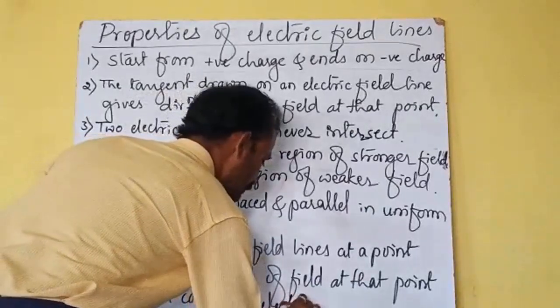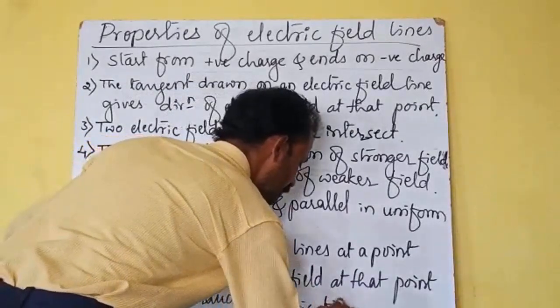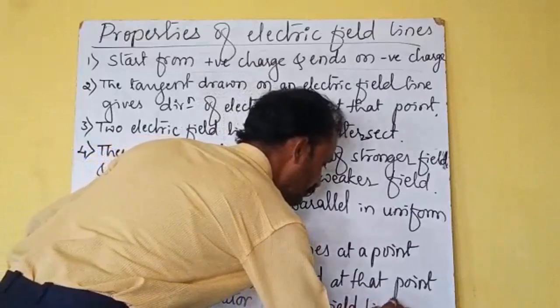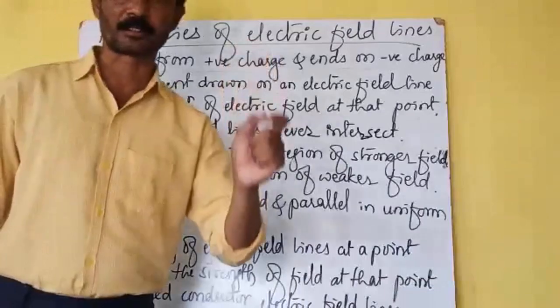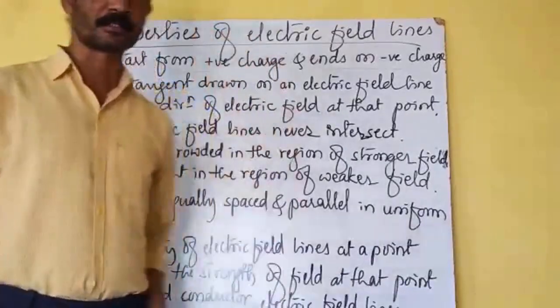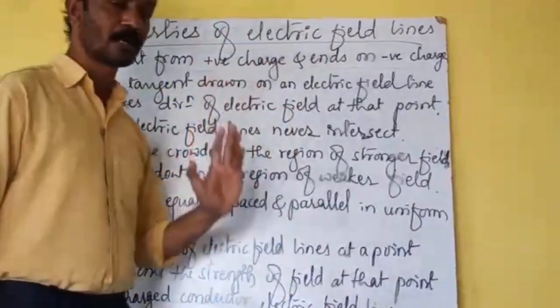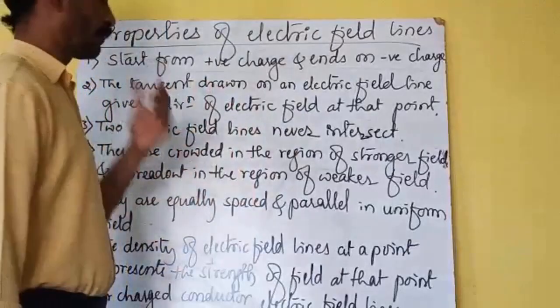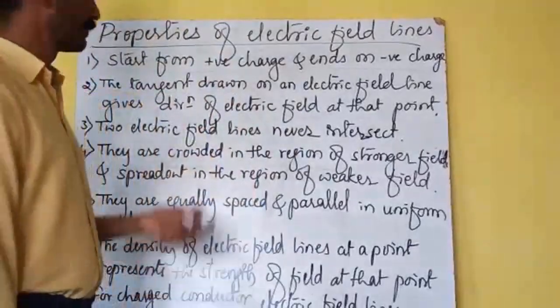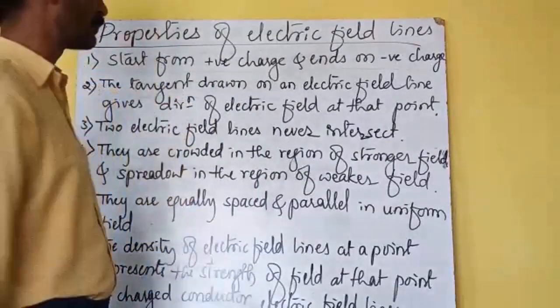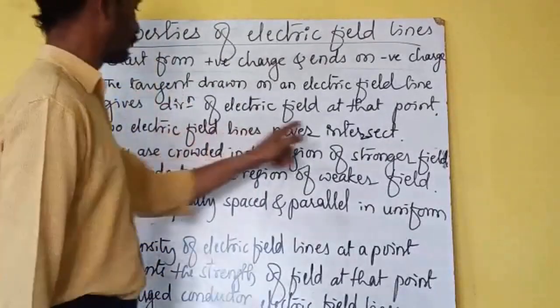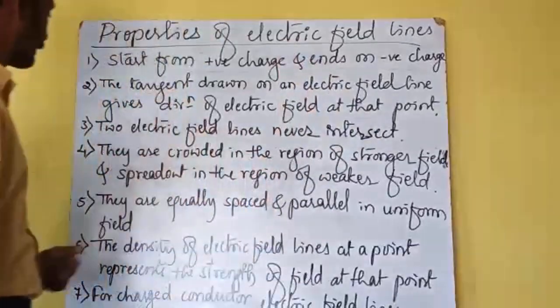Two electric field lines never intersect. If they did, at that point two tangents could be drawn, giving two directions of electric field at that point, which is impossible. Hence two electric field lines never intersect.